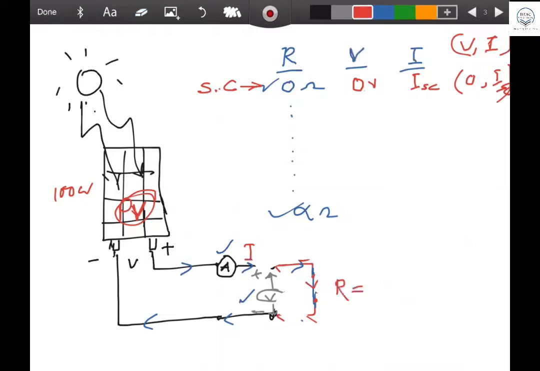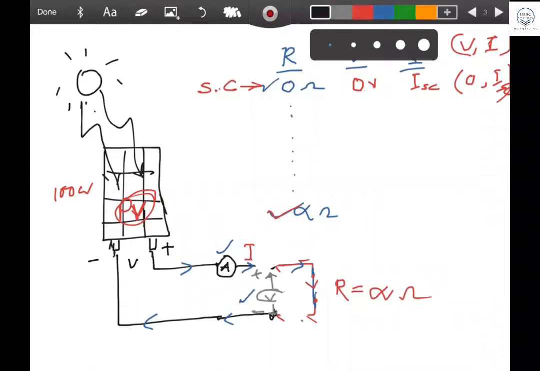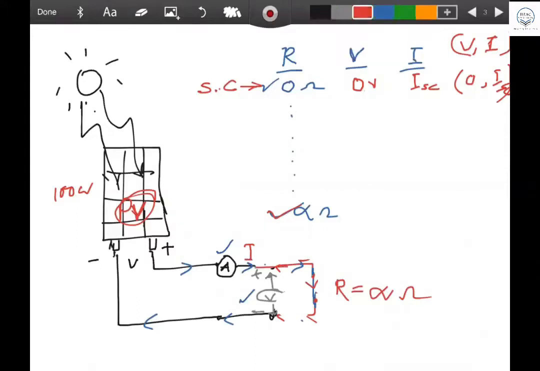In that case, maximum resistance means R equals what? R is infinity ohm, sir. An infinity ohm resistor means the circuit is what? The circuit is broken, sir. No, infinity means it is open.